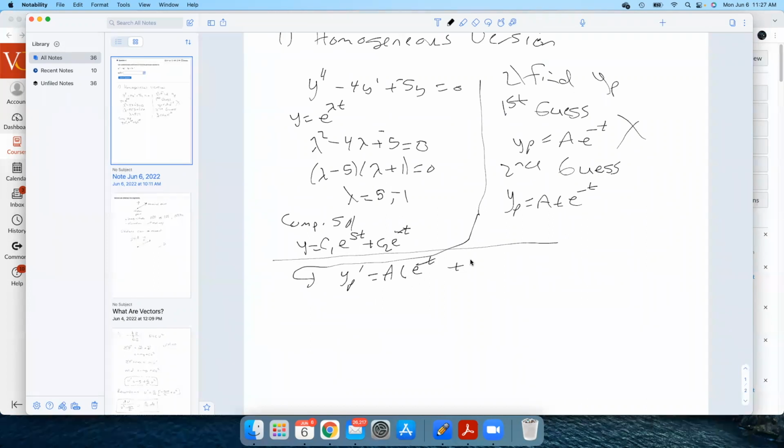Negative t plus t times negative 1 e to the negative t. So what is that? That's A e to the negative t minus t e to the negative t. And I forgot my A right there. There's my A. Okay, that's y prime.